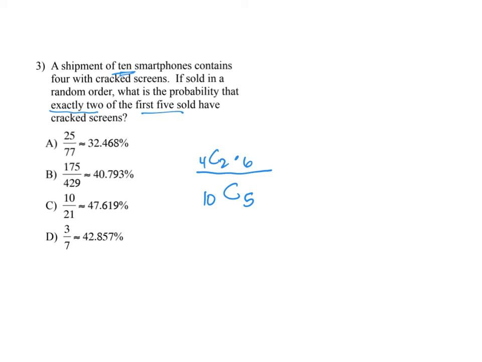That's a 6C3, because there are 6 that aren't cracked, and I only need 3 of them to get my total of 5. And then the numbers are 6 for 4C2 times 20 for 6C3, and then we'll divide that by 252. And that comes out to be approximately 0.476. That's 47.6%. That looks like letter C.